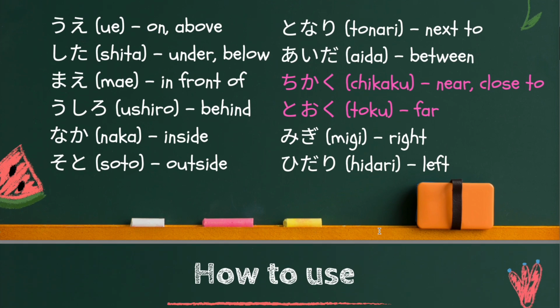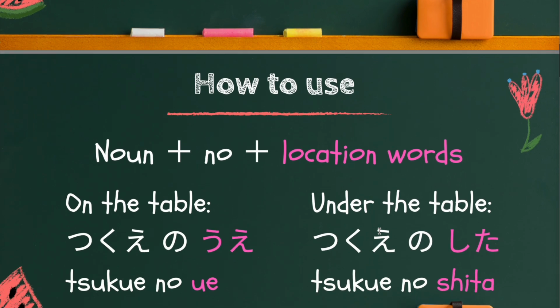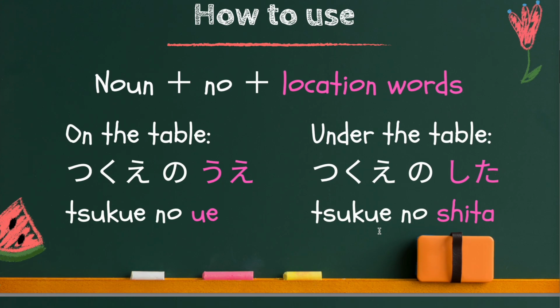And this is how you can use those location words. Noun, no, then the location word. For example, on the table is つくえの上. 上 is a location word, on, above. Therefore, it comes after the no particle.